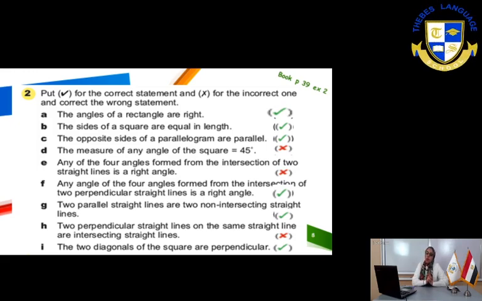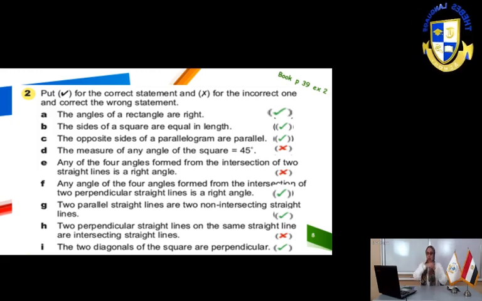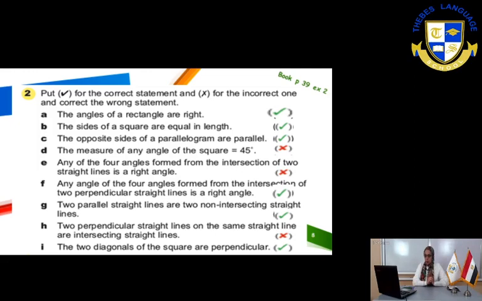The square, all sides are equal? Yes, correct. Number C, the opposite sides of a parallelogram are parallel. Parallelogram, the opposite sides are parallel? Yes, correct.